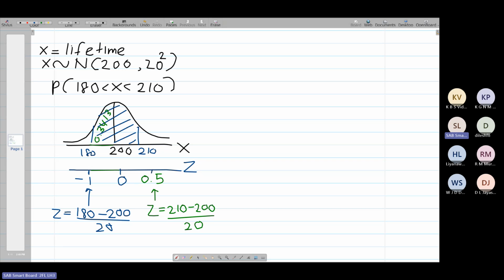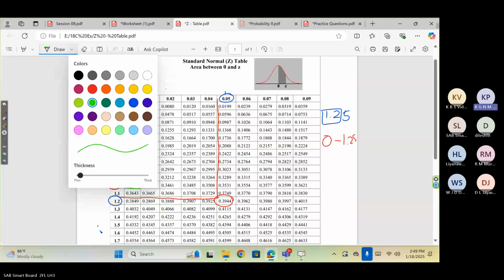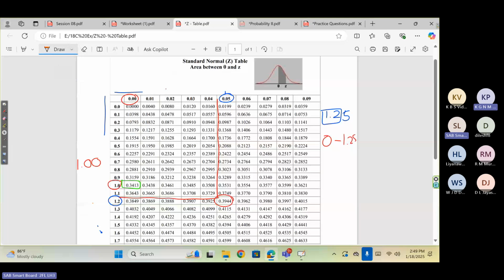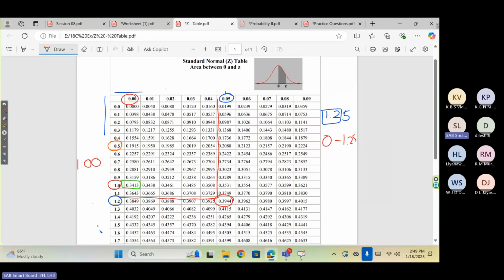Then 0.5. Find where the 0.5 is. Here. The second decimal place is not there, so it means 0.